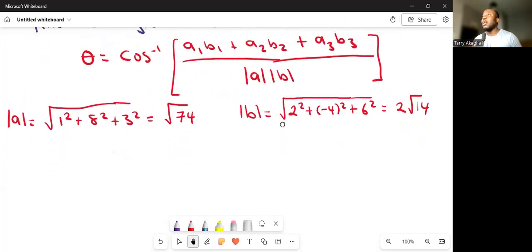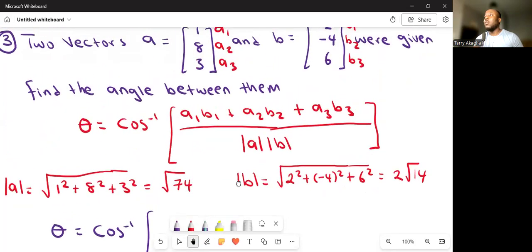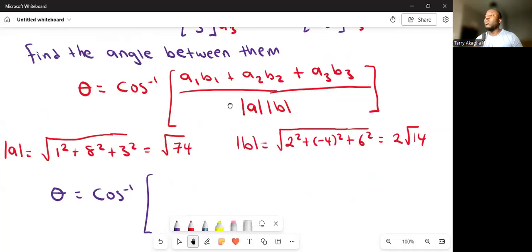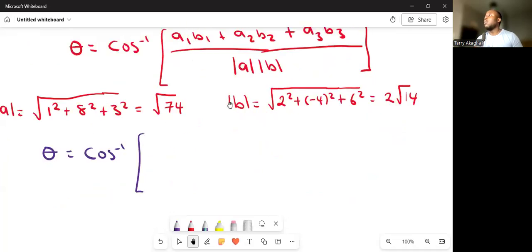Since we know this, we can then find out theta. So theta now will be equal to the cos inverse of... or better still, we can write it here to make it easier.